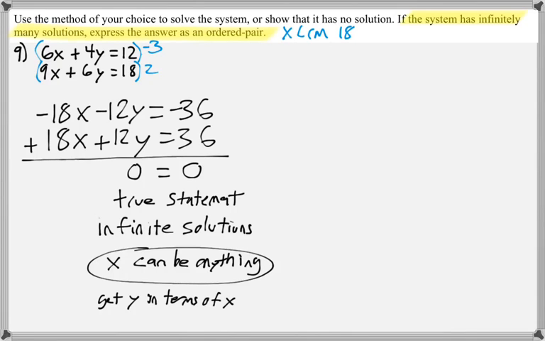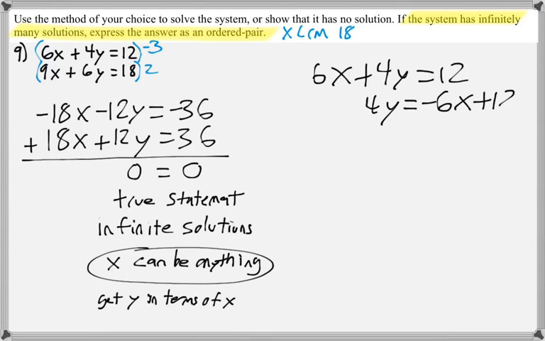So I'm going to start out with the 6x plus 4y is equal to 12, and then solve for y. So let's subtract 6x from both sides, and then divide everything by 4.